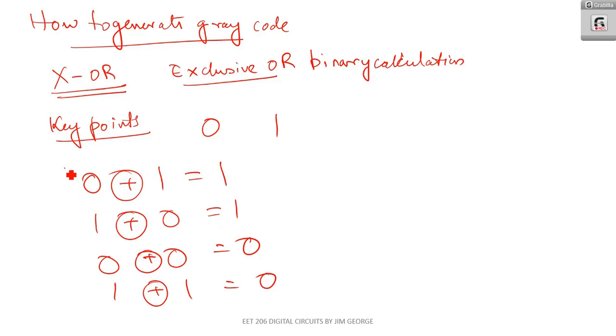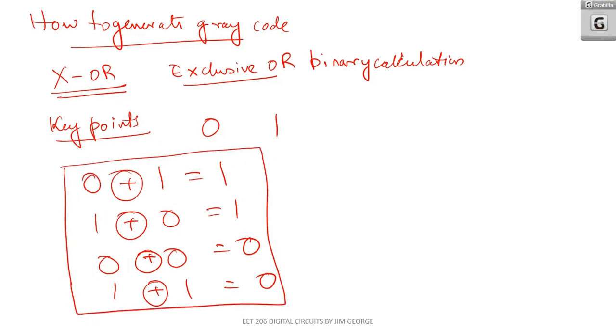Okay. So these are the golden rules which you need to remember while generating a gray code. That is 0 XOR 1 is 1, 1 XOR 0 is 1, 0 XOR 0 is 0, and 1 XOR 1 is 0. So I'll show an example how to generate gray code.